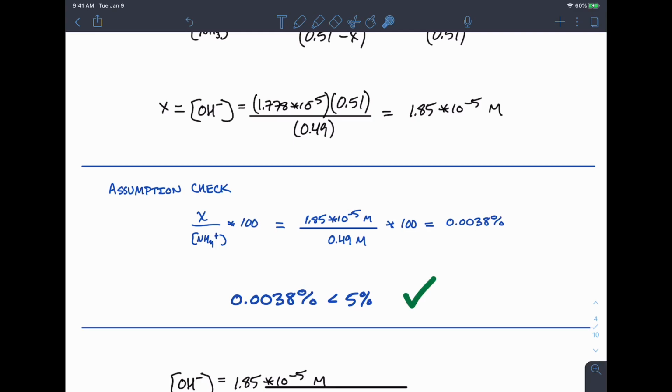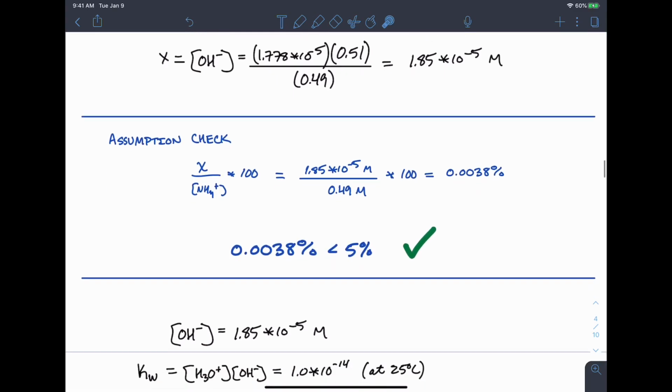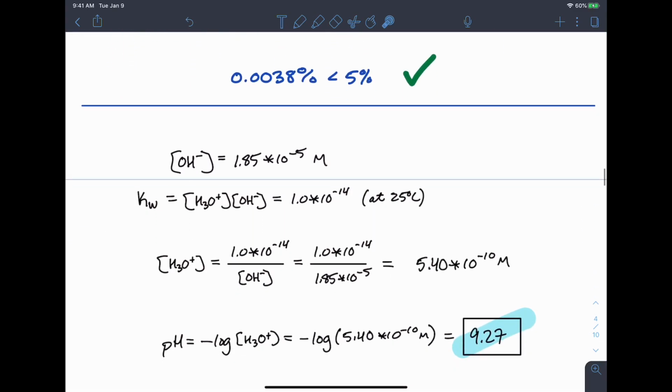All right, so with that assumption check out of the way, we are free to proceed to the next step, which is we want to find the pH. So remember that pH is the negative log of the hydronium concentration, and we actually have the hydroxide ion concentration. So in order to get the hydronium concentration, what I'm going to do is substitute my values into the Kw expression.